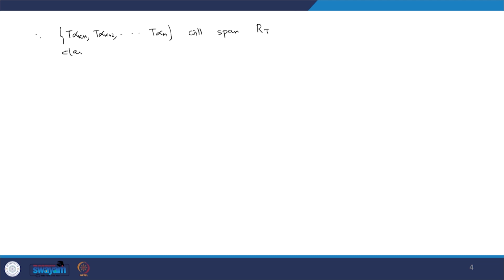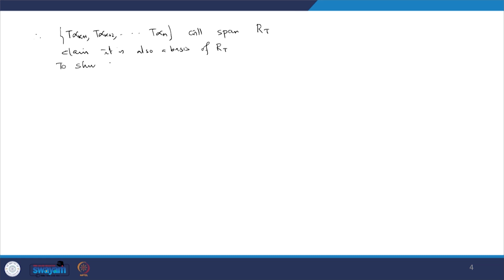Claim: it is also a basis of R(T). So, to be a basis, we know it has to span the space R(T) and it has to be also linearly independent. Already you have seen T alpha k plus 1 to T alpha n span the range space R(T).